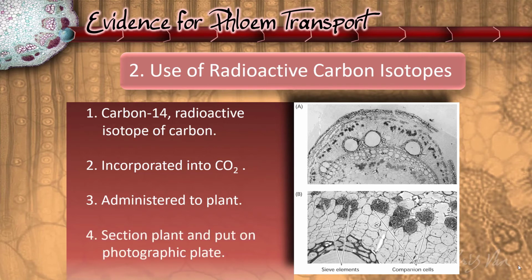So they will check section of the plant and look for location whereby this radioactive isotope can be detected, and they were found in the phloem. As you can see from the diagram, is mostly on the outer area, while there's no radioactive carbon isotope that can be found in the xylem. So phloem is used to transport the glucose that was produced.